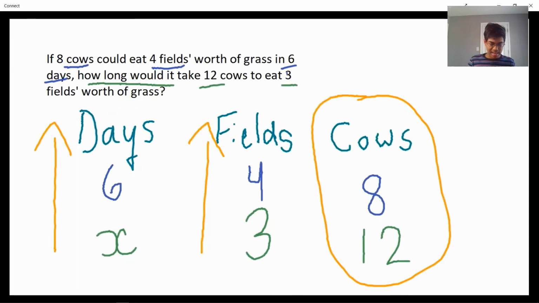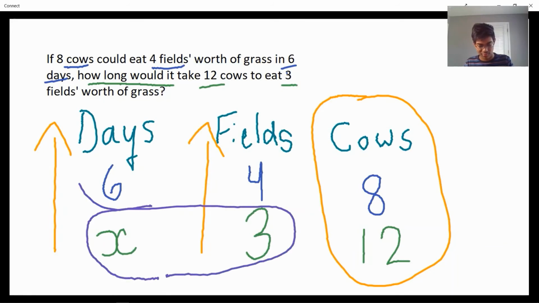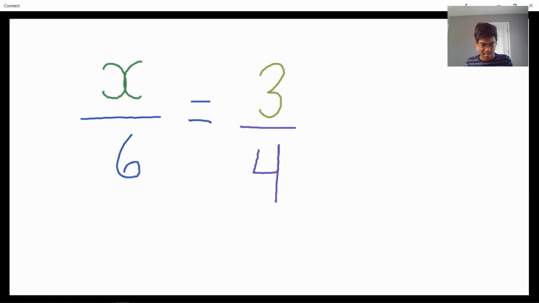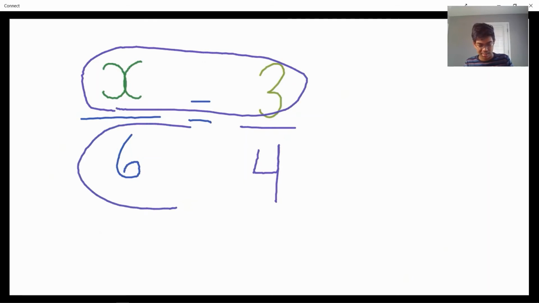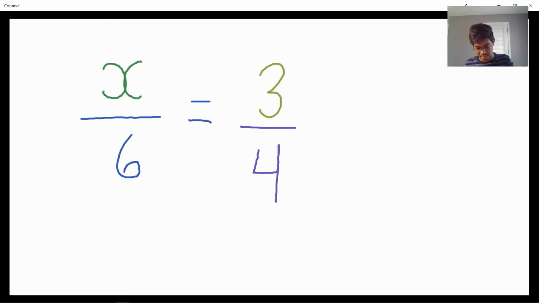Well, since days and fields are directly proportional to each other, assuming cows is constant, we want to write their corresponding terms in the same direction. So you see how x and 3 match up in the same row, and how 6 and 4 match up in the same row. We want to do the same thing when we write our proportion, because it's direct.